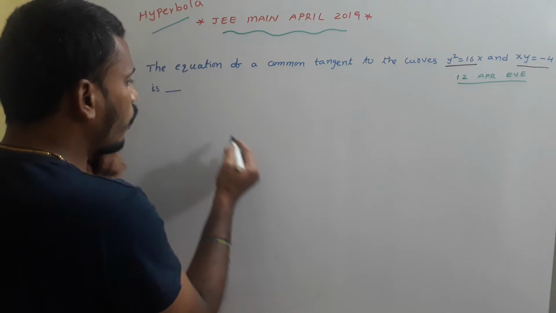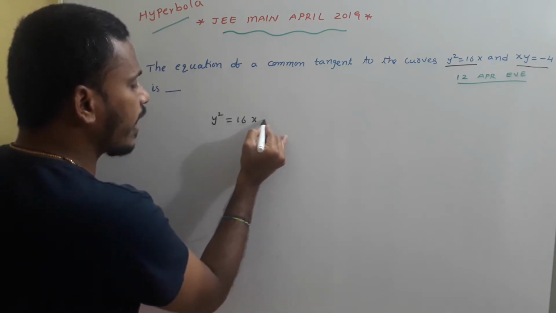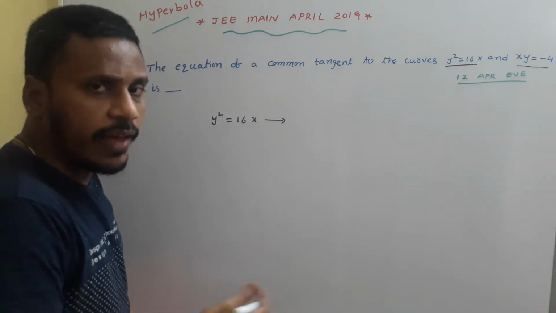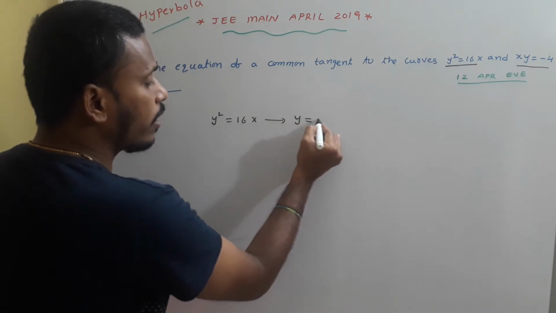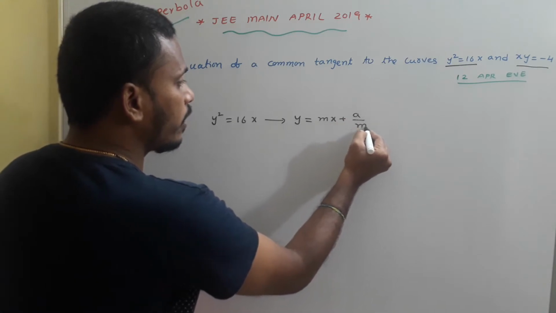First of all, what to say about a general tangent equation for y square is equal to 16x having some slope m. For a standard parabola, the tangent equation is y is equal to mx plus a by m.